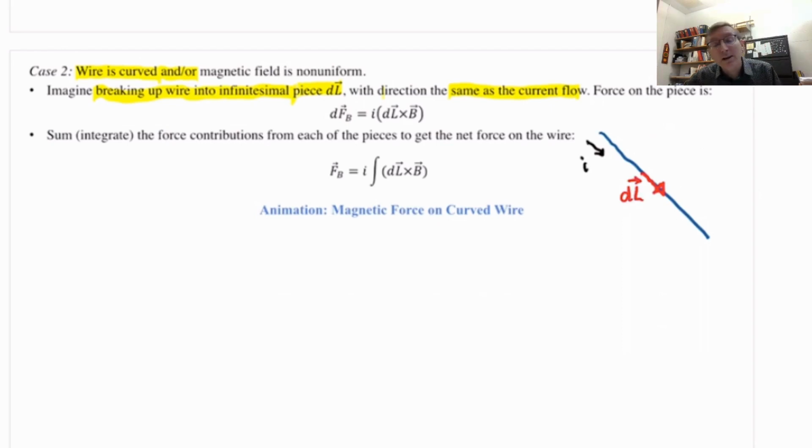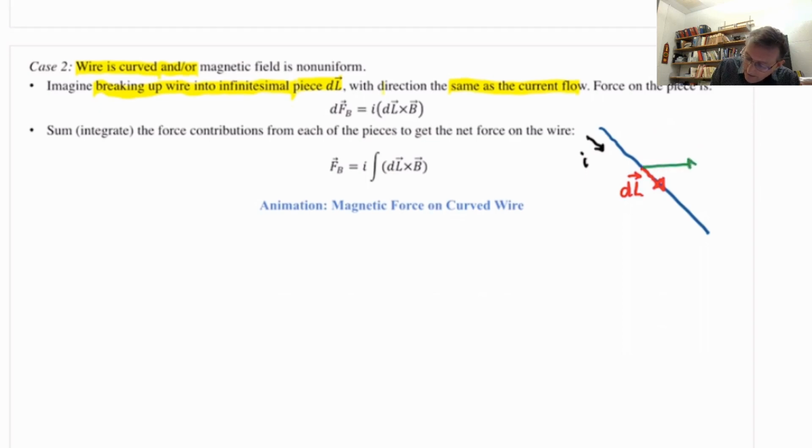And we're just going to look at that one little infinitesimal length of the wire, dl. And maybe right there, the magnetic field is that way with a certain magnitude and direction. Then, because that piece is so short, you can assume the magnetic field is uniform along that little short piece.